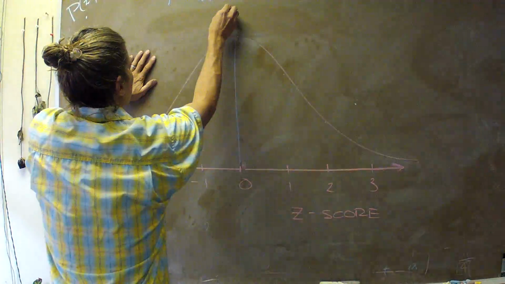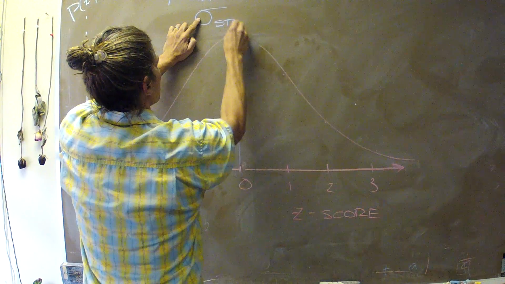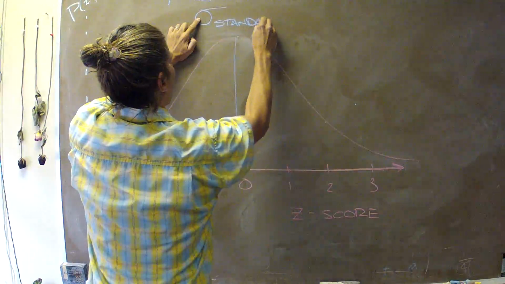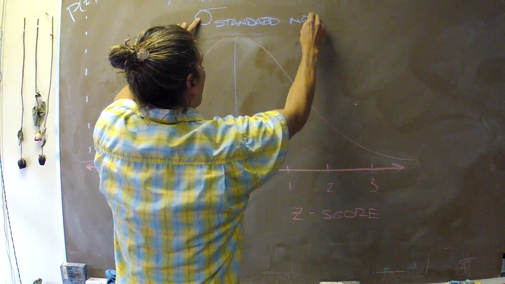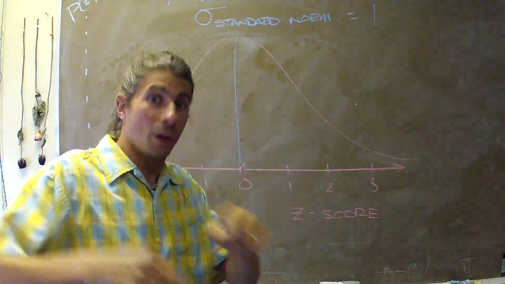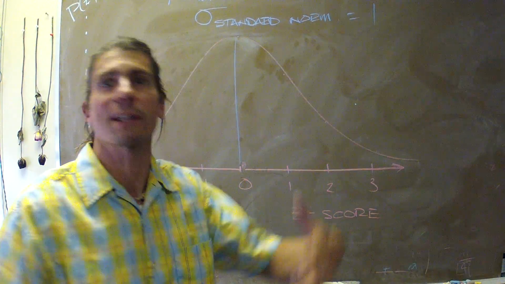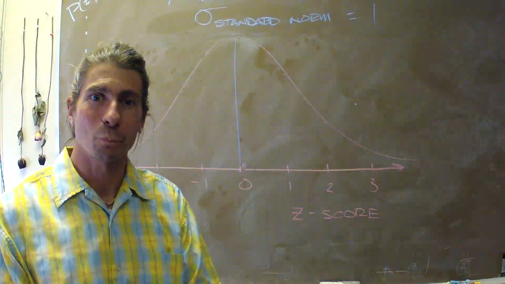By definition, the standard deviation of the standard normal is 1. Again, not 1 unit, not 1 anything, not 1 inch, not 1 pound, not 1 degree. Just 1.